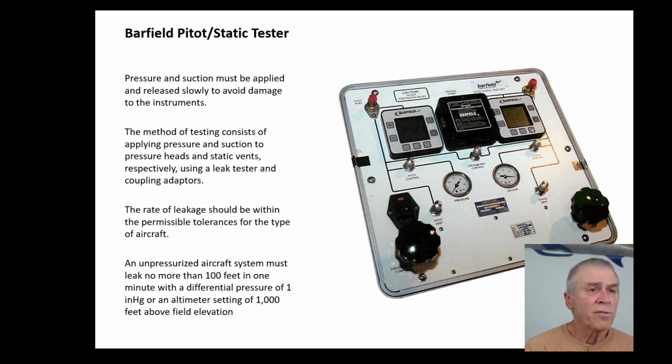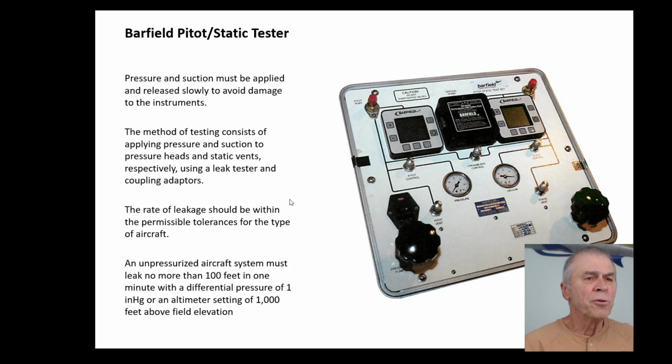The method of testing consists of applying pressure and suction to pressure heads and static vents, respectively, using a leak tester and coupling adapters. Similar to having a shop air and a vacuum, both handy, and having special connections to attach it to the aircraft.